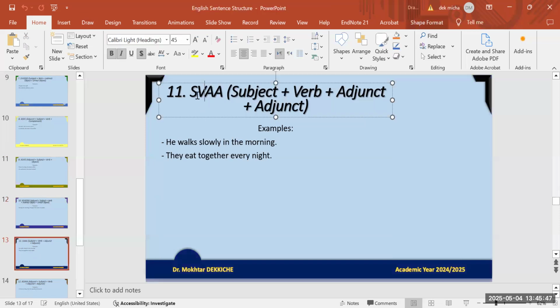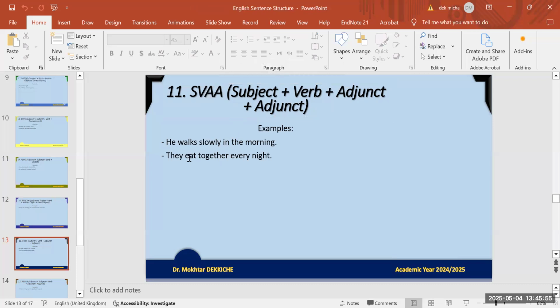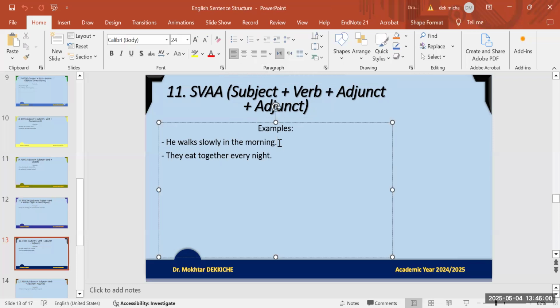Here is another structure, which is subject, verb, adjunct, and adjunct. We use here two adjuncts. He walks slowly in the morning. They eat together every night. So here, he is the subject, walks is the verb, slowly is the first adjunct, how he walks, and in the morning is the second adjunct.